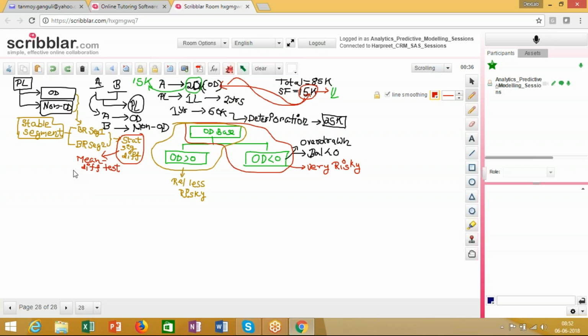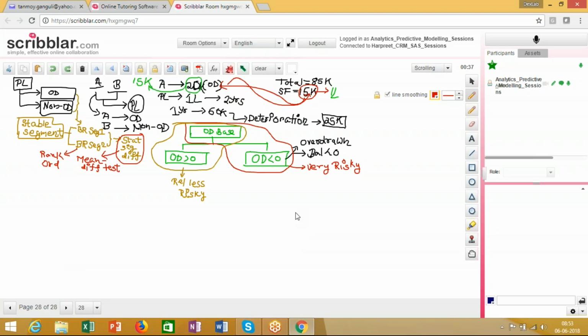Also, one another important thing that we need to ensure over here is that these two segments maintain the rank ordering. That is, over time, if I am plotting the bad rates, at each point of time this segment should show that the borrower is riskier. So this segment should always give a higher bad rate compared to the others.